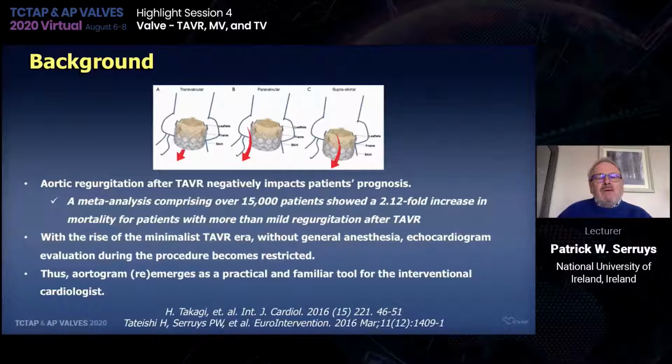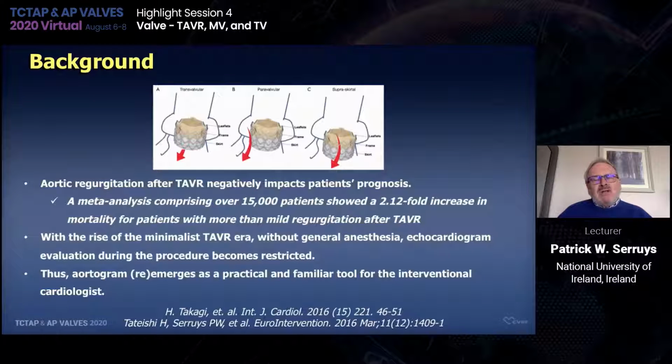Now, clearly, with the rise of the minimalist TAVI era and without general anesthesia, echocardiogram evaluation during the procedure becomes restricted, and aortogram reemerges as a practical and familiar tool for the interventional cardiologist.